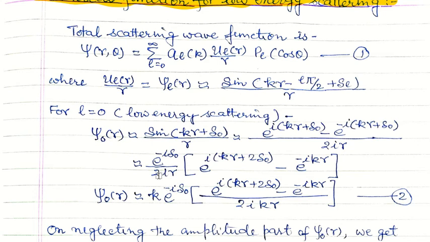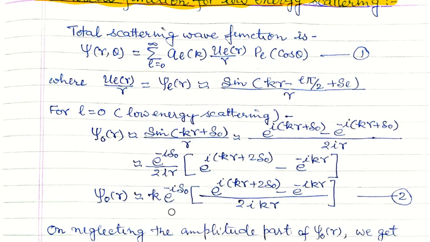This value in the denominator we replace here, and we get e to the power iota delta_0. Let us multiply by k and divide by k, so there will be no difference in the values, because we can cancel this k by this k.